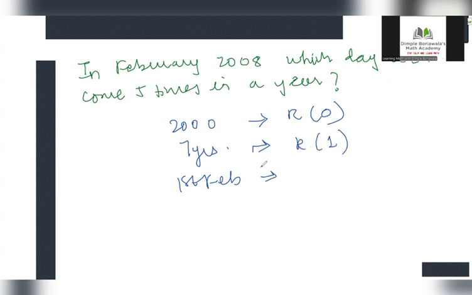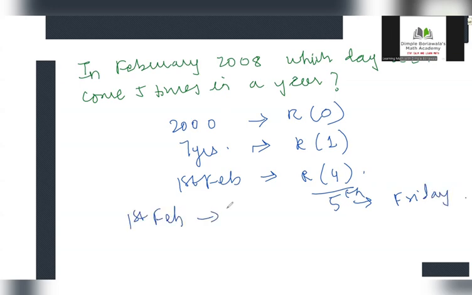And for 1st Feb, when you calculate, you will get remainder 4. 4 plus 1 is 5. 5 is not divisible by 7. So I will directly go for 5 days. When I count 5 days, counting Monday itself, Monday, Tuesday, Wednesday, Thursday, Friday, the 5th day is Friday. So that means my 1st February is Friday.